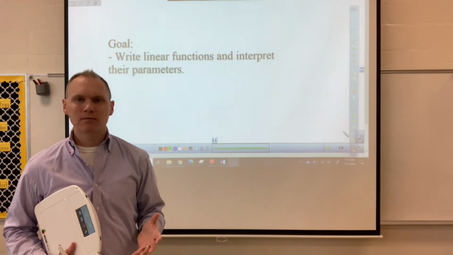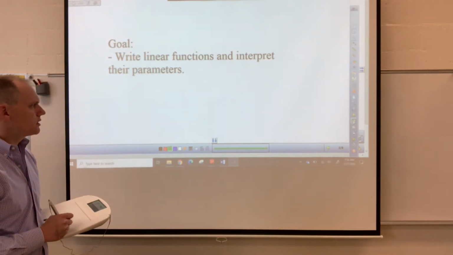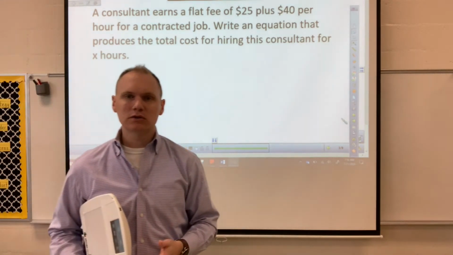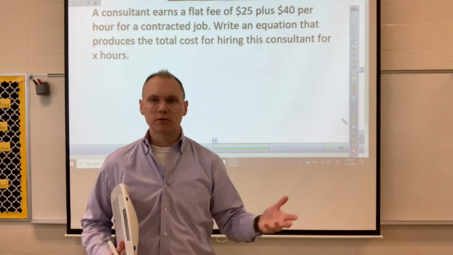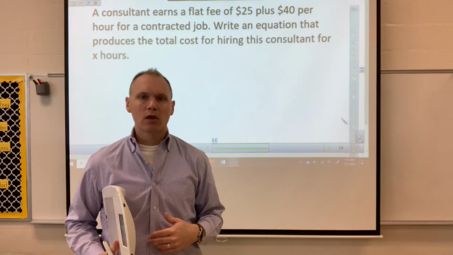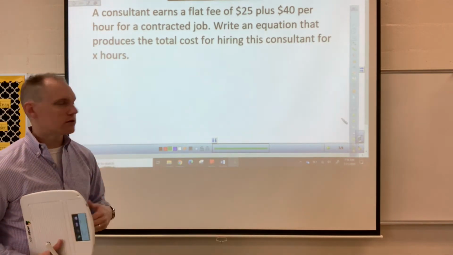Same thing here today. We're going to have one little bit of a difference, but overall the same process. An arithmetic sequence is very similar to a linear function. They're really one and the same. We're going to talk about the difference between them today, but they're very, very similar.